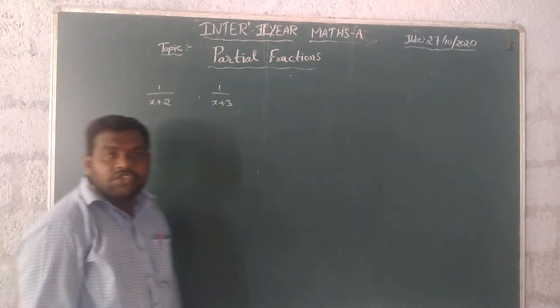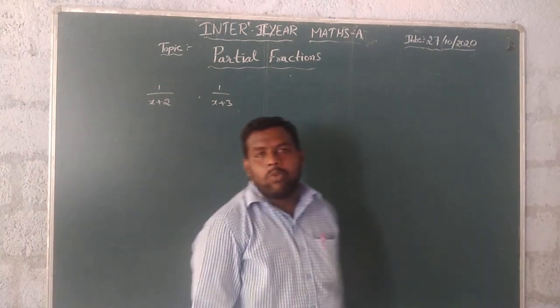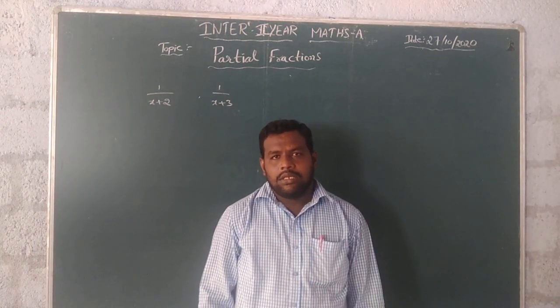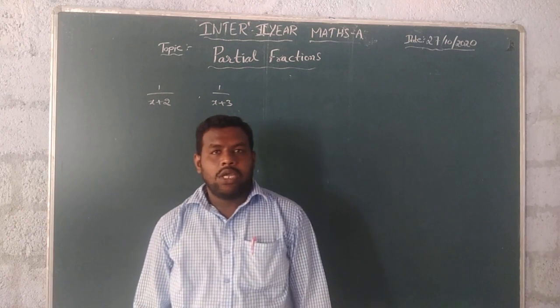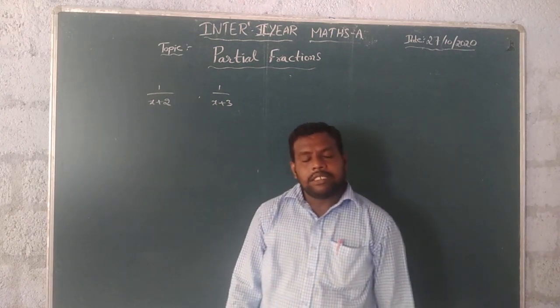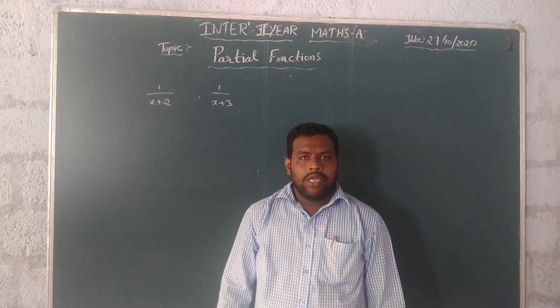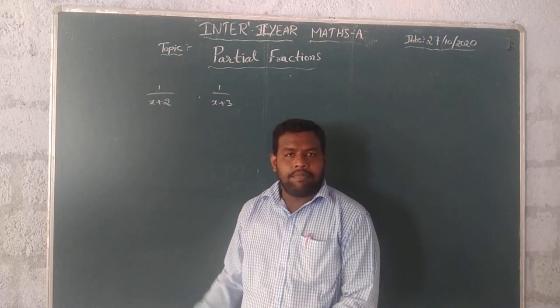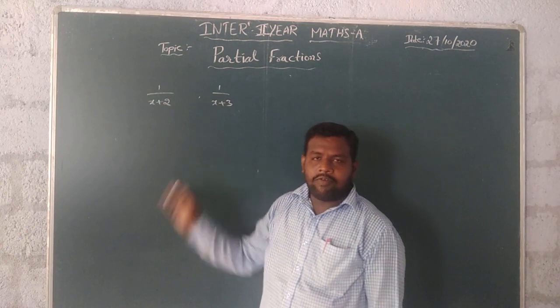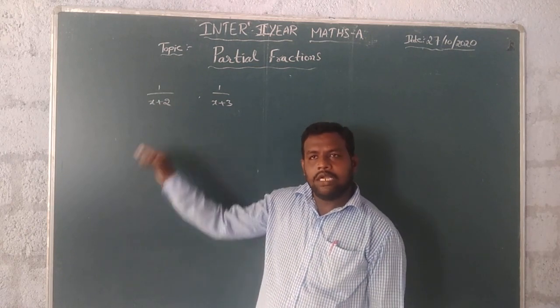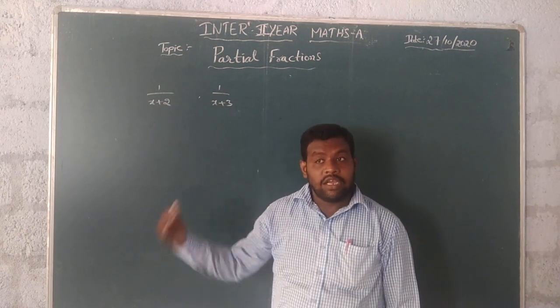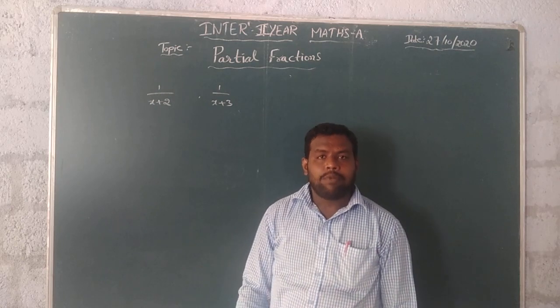These two fractions are proper fractions. We can add or subtract proper fractions. If these two proper fractions are added or subtracted, then will we get a proper fraction?